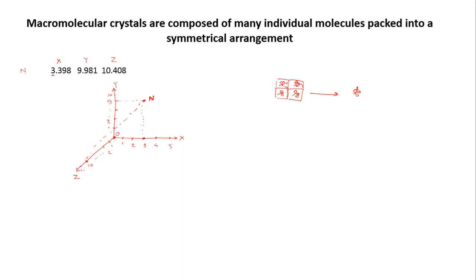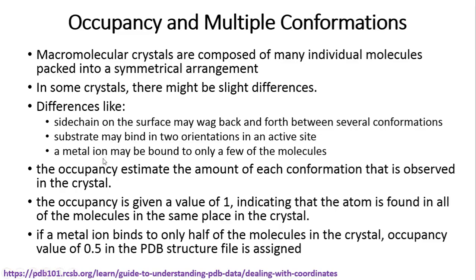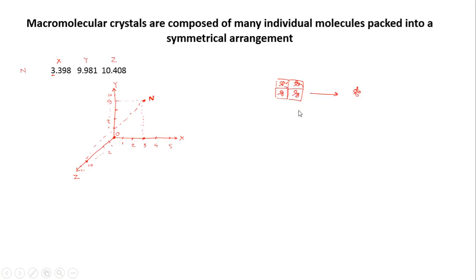Okay, and these differences in the arrangement of atoms in your protein molecule in the same crystal are usually represented in the form of occupancies. Another case is that the substrate may bind in two orientations in the active site. If this is an enzyme, then when a substrate binds, in half of the molecules in your crystal it can take this orientation, and in half of the molecules it can take a different orientation.